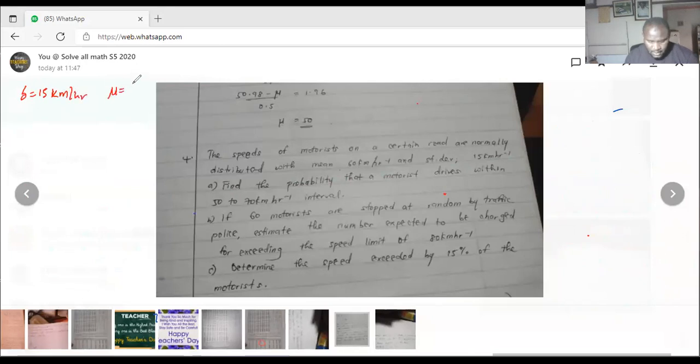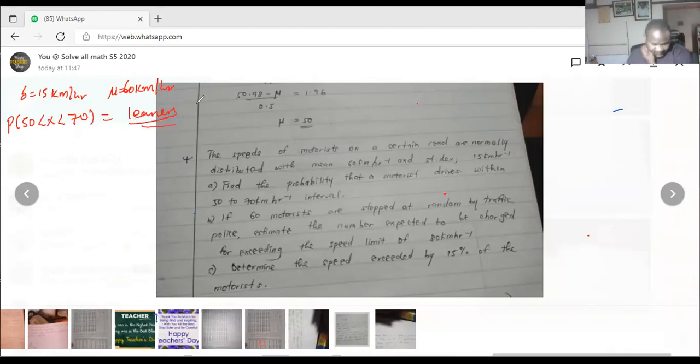The mean is 60 kilometers per hour. Find the probability that the motorist drives within 50 to 70 kilometers per hour. Probability of 50 less than X less than 70. That one learners can handle. I've taught you enough.